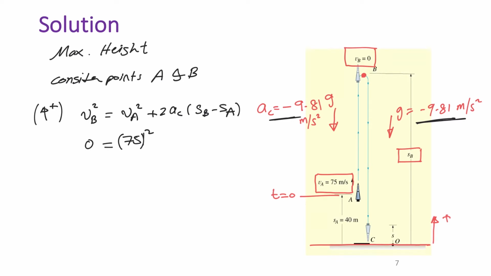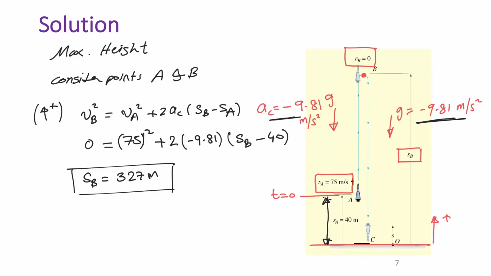And then we have the constant 2 multiplied by minus 9.81, and then we have the position SB, which is the unknown, minus 40. 40 is the initial position from here to there. Now, by doing the calculation, we will find SB equals 327 meter. And this is the first unknown.